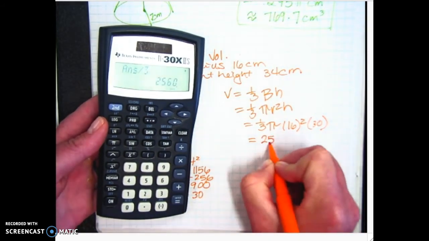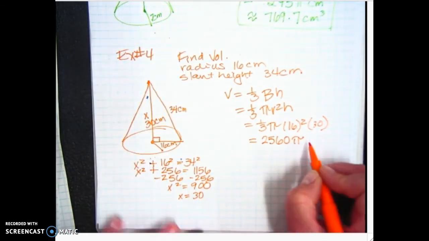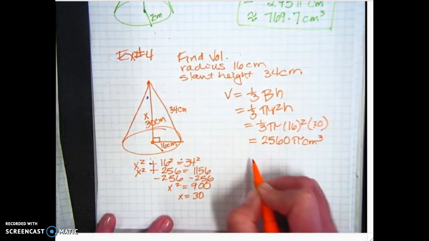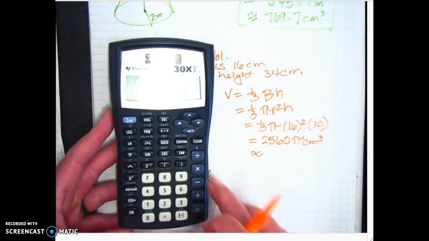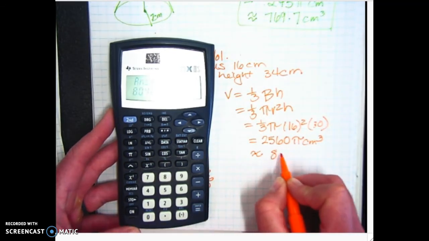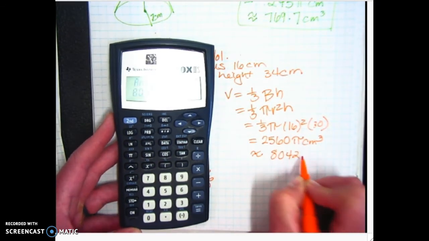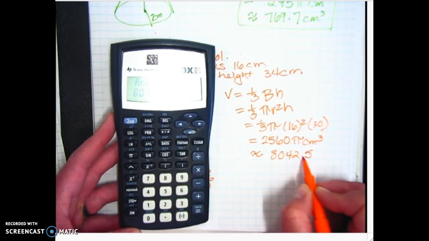So my pi answer is 2,560 pi, and this one's in centimeters cubed. And then to get my decimal answer, I leave it in the calculator and I multiply it by the pi button. 8,042 point. I have a 4 there, but there's a 7 next to it, so I need to round up to 0.5.